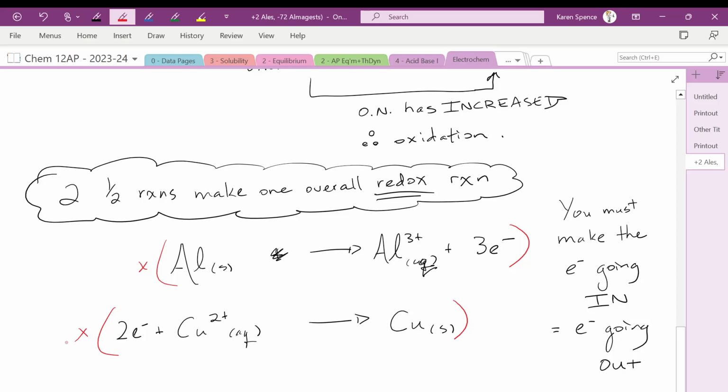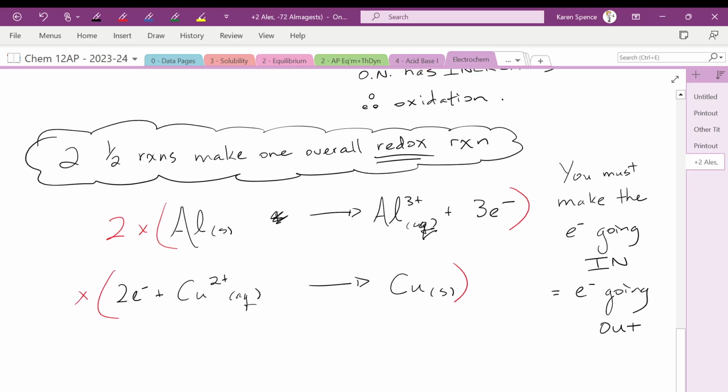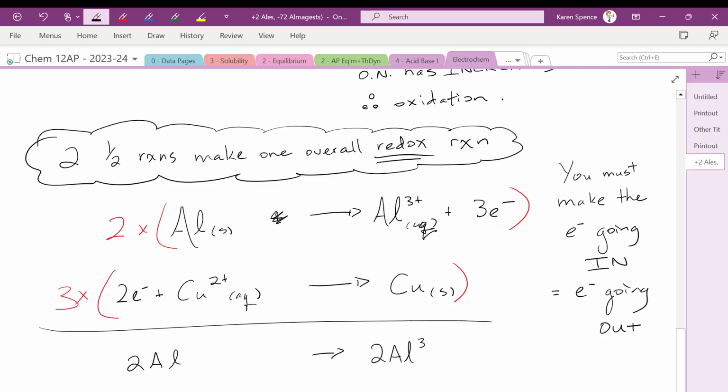What would we multiply the first reaction by? 2. That's going to give us 6 electrons, yes? And what are we going to multiply the second reaction by? 3. Okay, and I'm going to rewrite these reactions so I have 2 Al goes to 2 Al3+ plus 6 electrons.